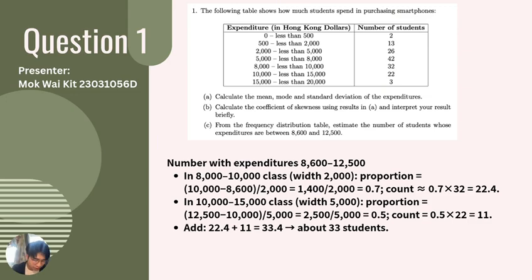In the 8,000 to 10,000 class, about 70% of students are included, and in the 10,000 to 15,000 class, around 50% of students are included. Adding this up, we estimate around 55 students fall within this expenditure range, and all those calculation methods are included.